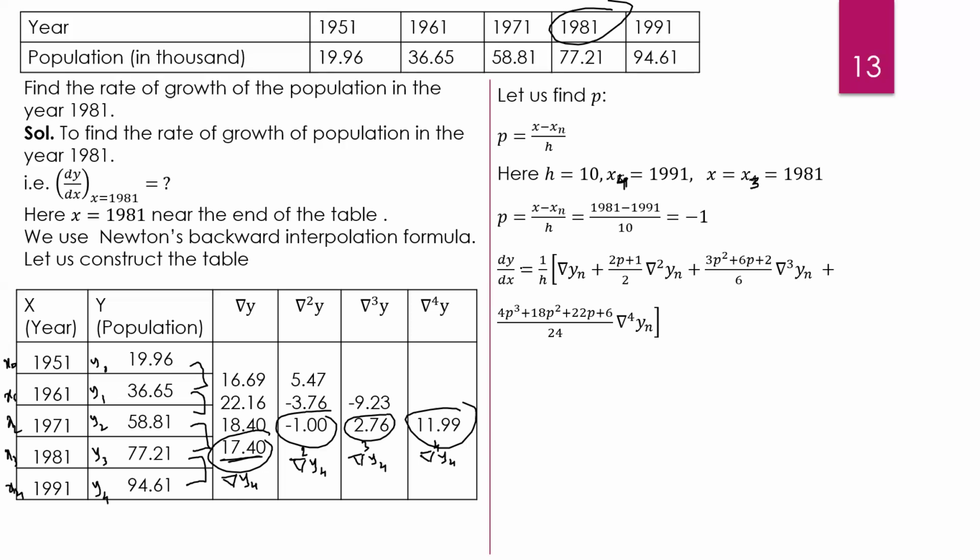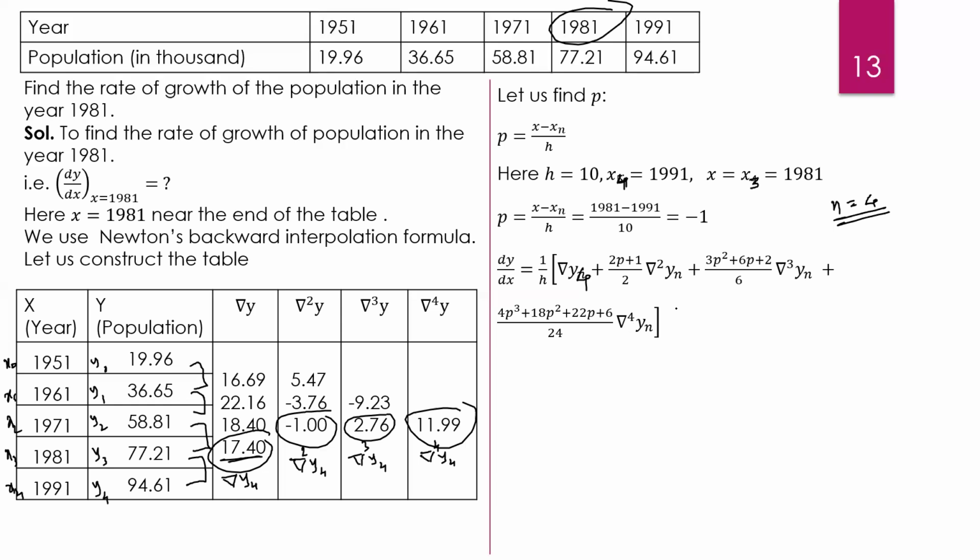The derivative by the backward difference formula is 1 upon h del at yn, where yn means y4, since n is equal to 4. Then plus (2p plus 1) divided by 2 times the second order backward difference, plus (3p square plus 6p plus 2) divided by 6 times the third order backward difference, plus (4p cube plus 18p square plus 22p plus 6) divided by 24 times the fourth order backward difference.